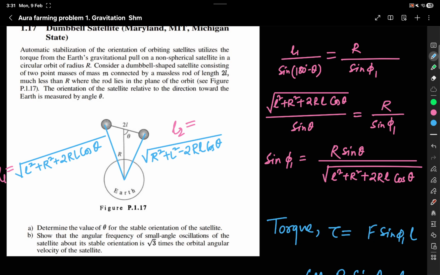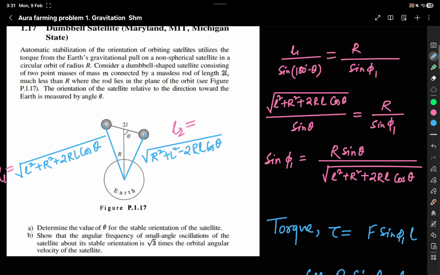So let's understand the problem first. The satellite is stabilized by the torque from the Earth's gravitational pull on a non-spherical satellite in a circular orbit of radius r. That means this satellite, or this combination, whatever it is, is a form of satellite, and it is stabilized due to the torque produced by the Earth's gravitational pull.